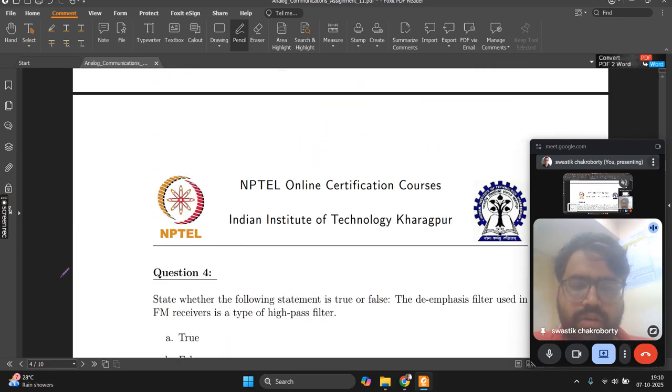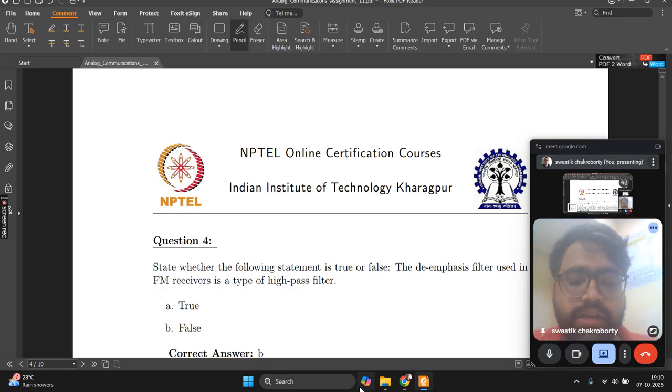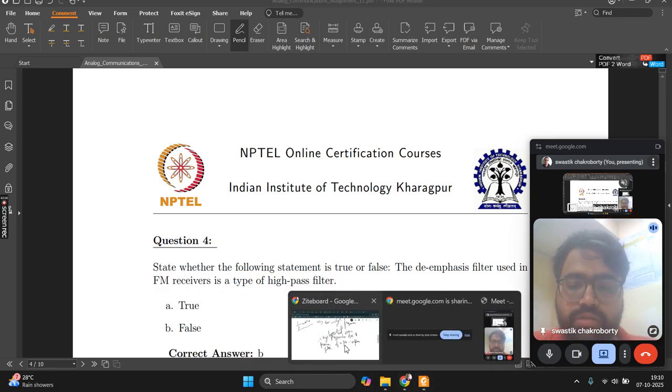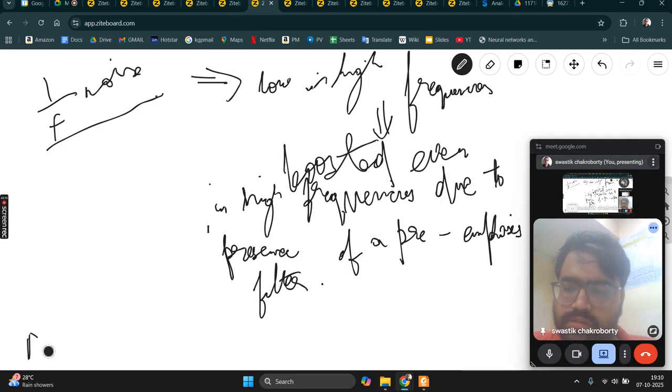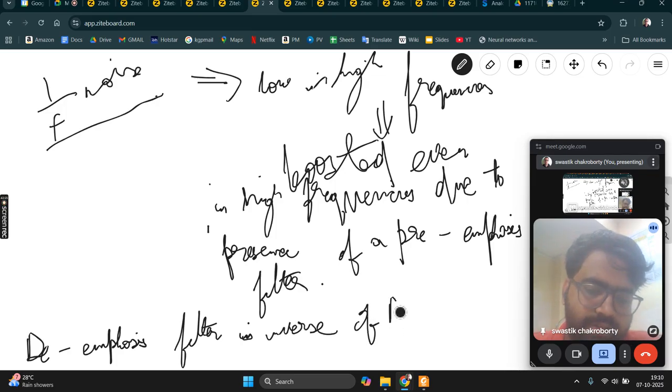State whether the following is true or false. The question is that the de-emphasis filter used in FM receiver is a type of high pass filter. So, de-emphasis filter is the inverse of pre-emphasis.